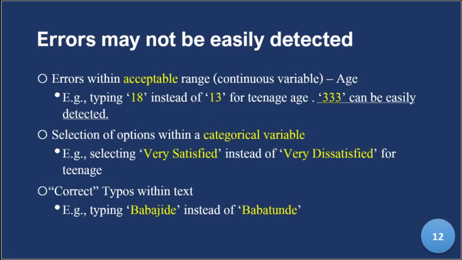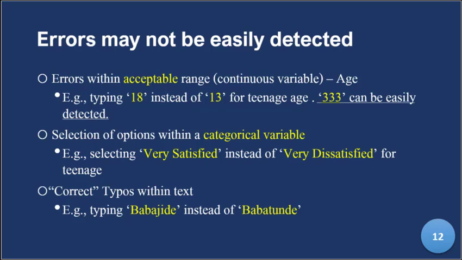If someone typed, like the example I'm showing here, 18 instead of 13 for teenage age, 13 is a teenager, 18 is a teenager, it may be difficult to detect, except there may be rules that this teenage club is for the lower teens. So it's difficult. But if someone put 333 for teenage age, instantly it flags as something very wrong. And that's what we call, of course, logical inconsistency.